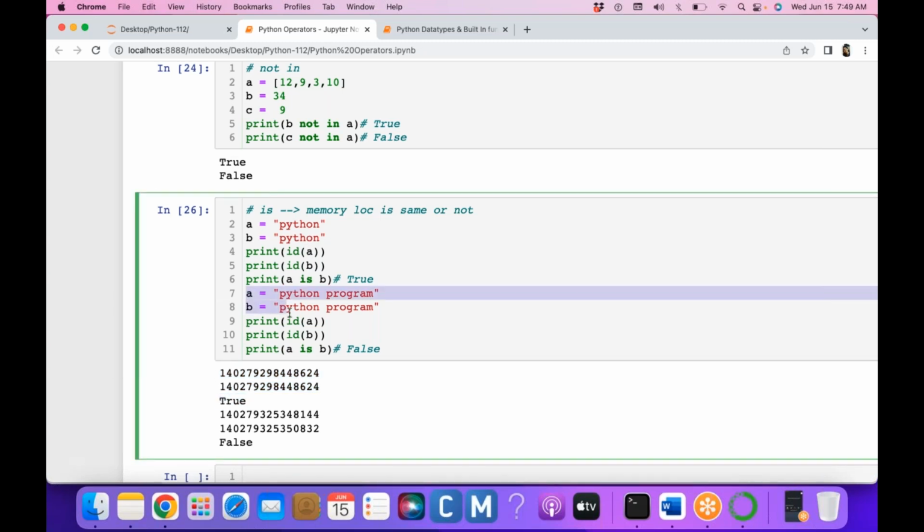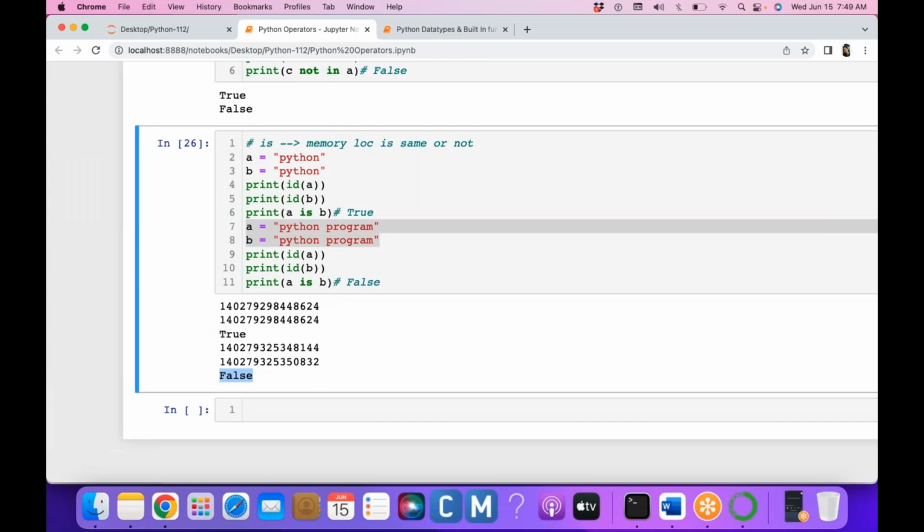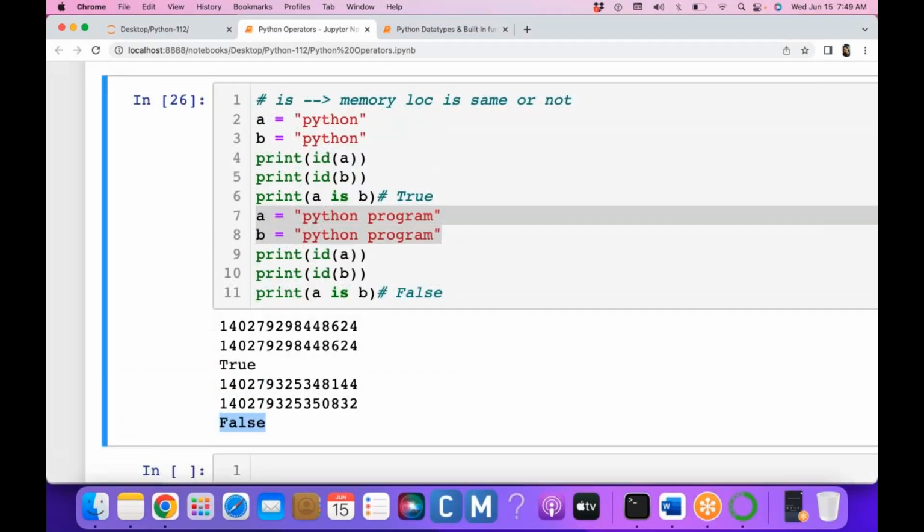But for the second, even though the data is the same, the memory location of A and the memory location of B are different, so it returns false. Note this example.